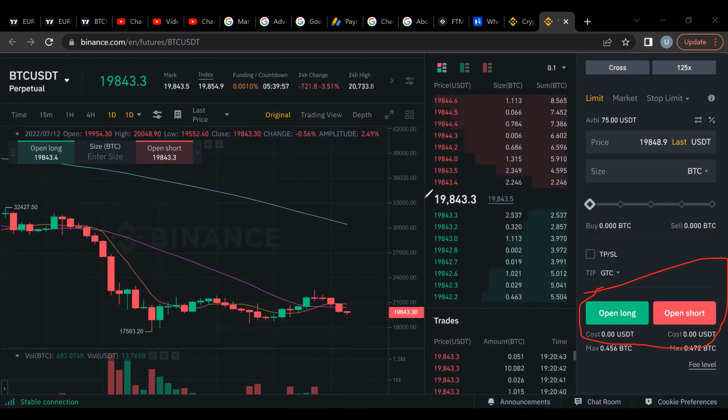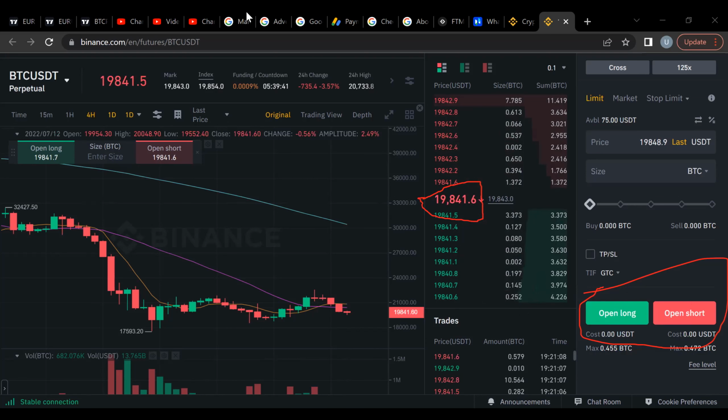Right now, this is the current price here, and it's 19,843.5, right? It keeps changing because of Bitcoin's high volatility, right? So that's what I want you to see here. It is open long and short, not buy and sell. If you go to spot, you will see buy and sell.